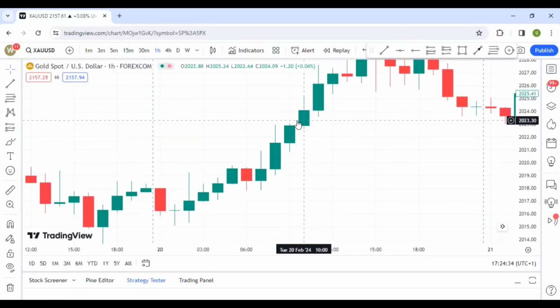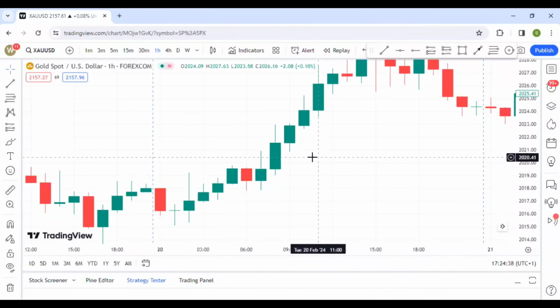The next candle should close above the third candle. Then you enter, and place your stop loss below the first candle, which is this one.